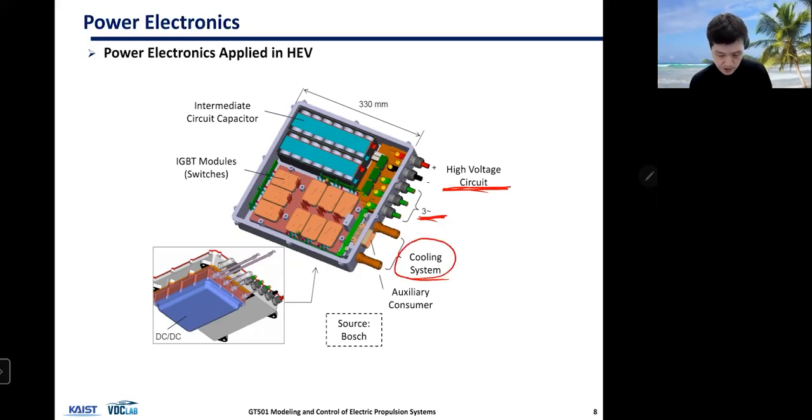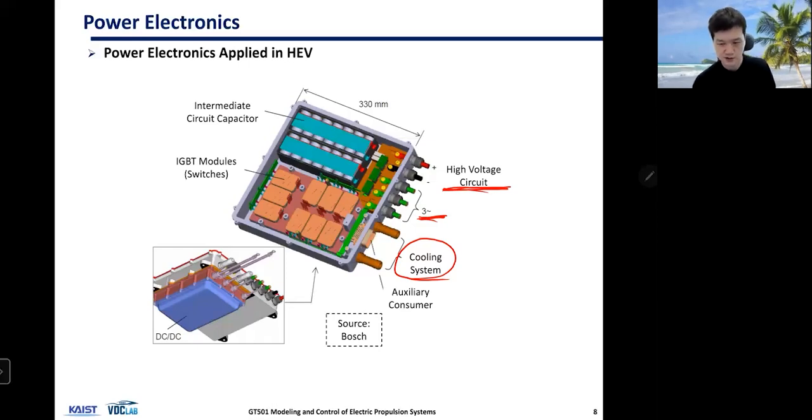Okay, because the components you use for converters are not 100% efficient, you lose energy during this converting process. It's relatively small, but you still lose energy, and usually that's dissipated as heat.